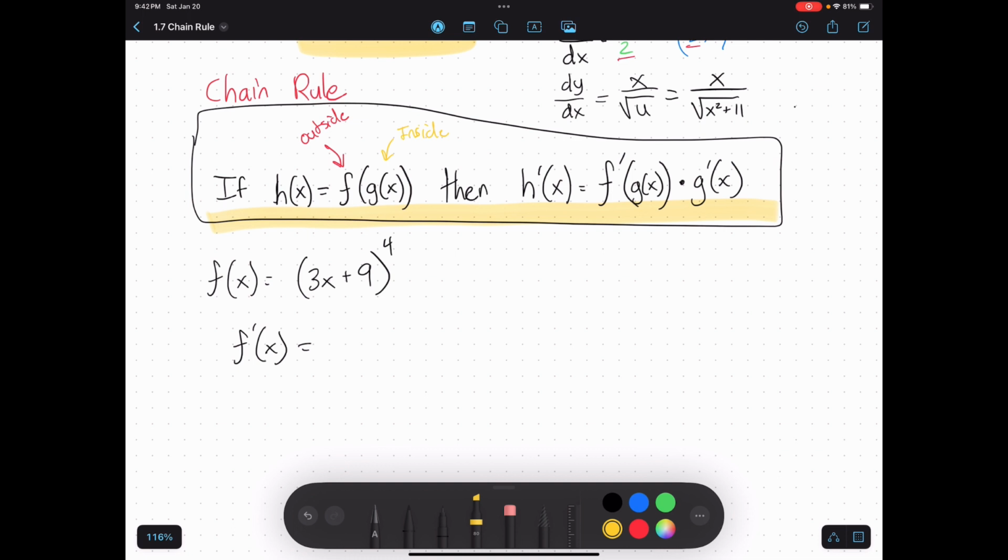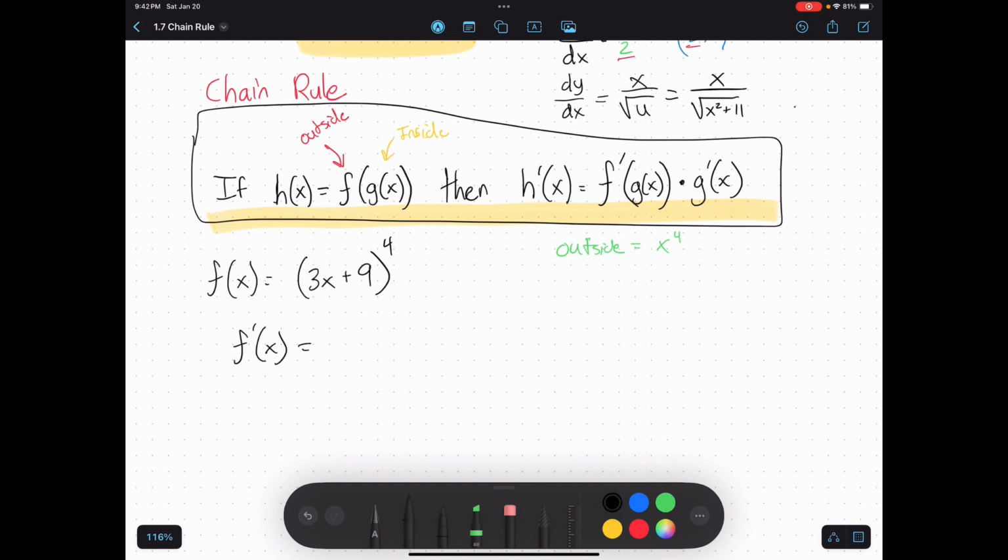So I'm going to take the derivative of my outside function. In this case, what's my outside function? There we go. My outside function is x to the 4th. You okay with that? Because I have a function raised to the 4th power.